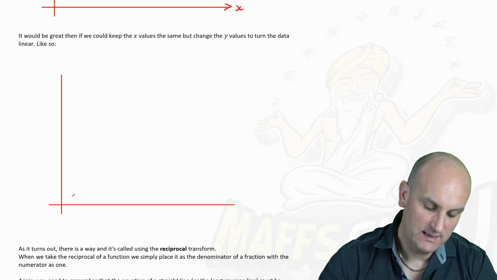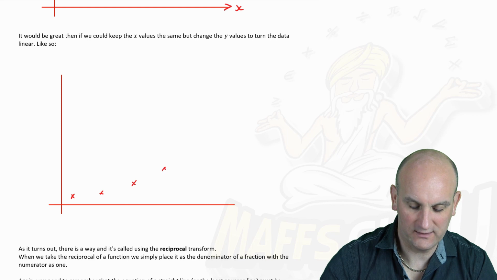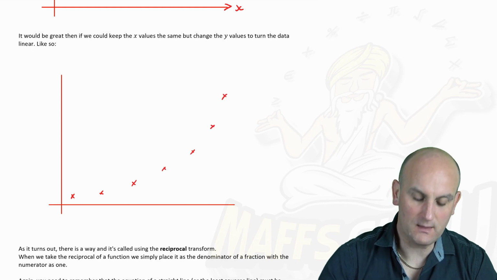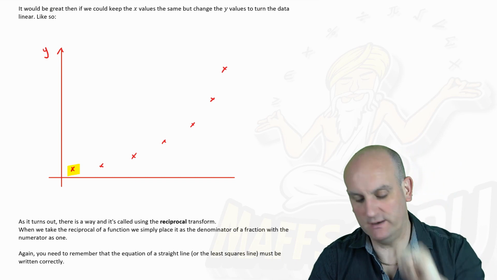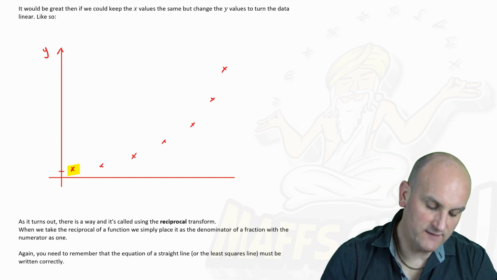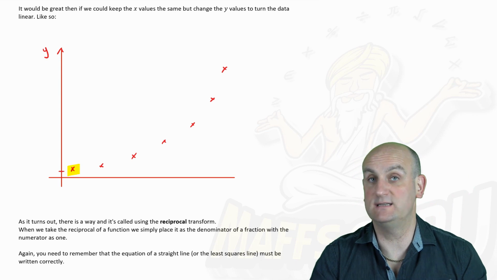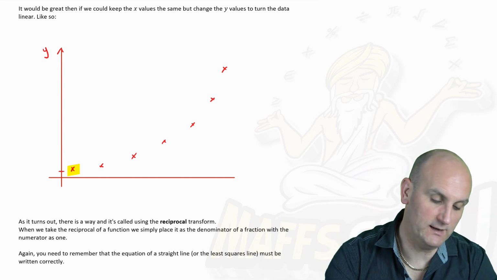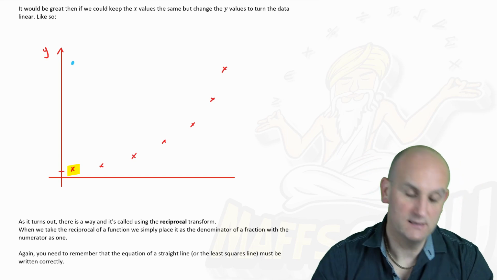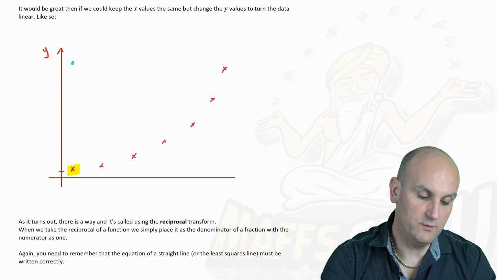So let's move up and show you how it works. If I have crosses like this, we're going to do a 1 on y transform. Reading off this y value here, it's fairly small. What did I say would happen? Small values flip and become big values, so this value may end up somewhere up here. Then we move along to our next value.